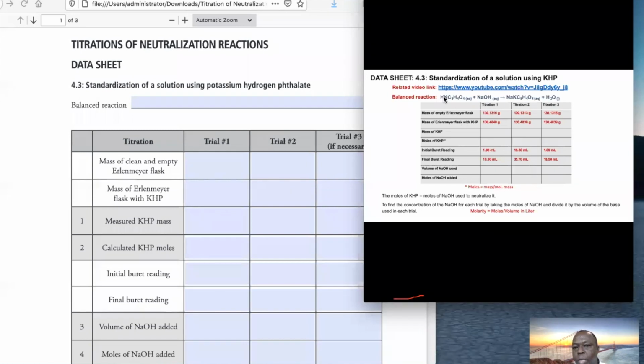That is why you are asked for the balanced equation. If I have 2 moles here, then I should get 2 moles here. If I have 3 moles here, I should have 3 moles. If I have 4 moles, I should have 4 moles of that. So there is no calculation in this case. The numerical value for the number of moles of KHP is the same as the numerical value for the number of moles of NaOH in each trial, because the stoichiometry is mole to mole.